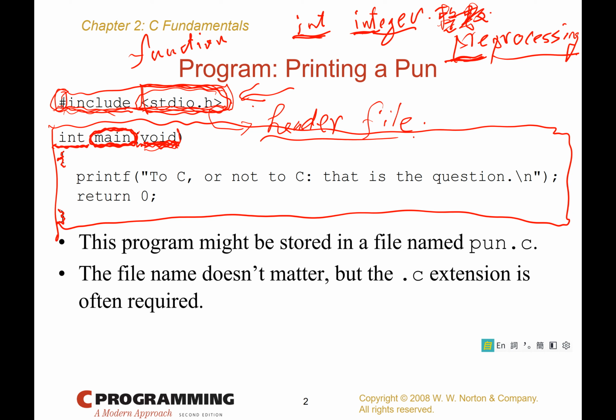And each C statement, please remember, ends with a semicolon. You should always put a semicolon at the end of the statement. Otherwise, you will get an error message, and your program will not be correctly compiled and executed.